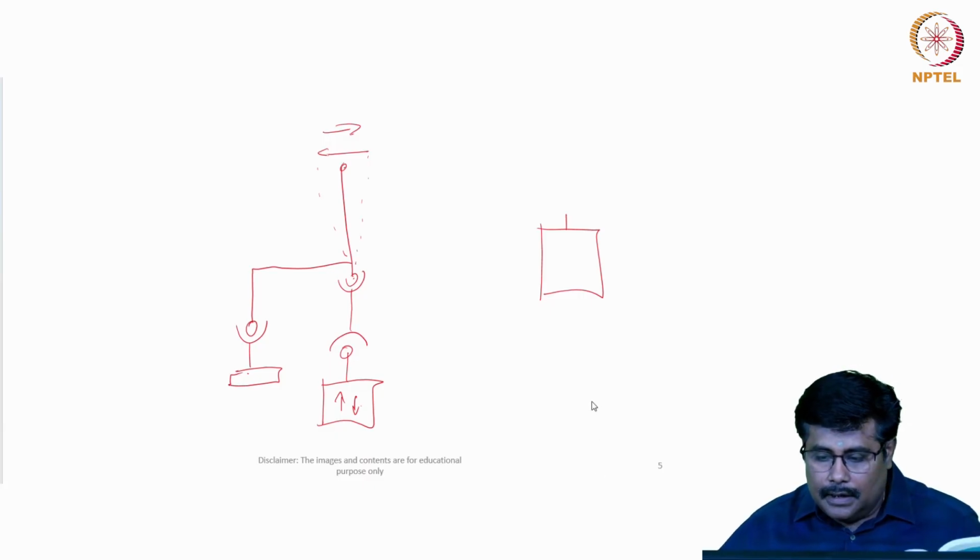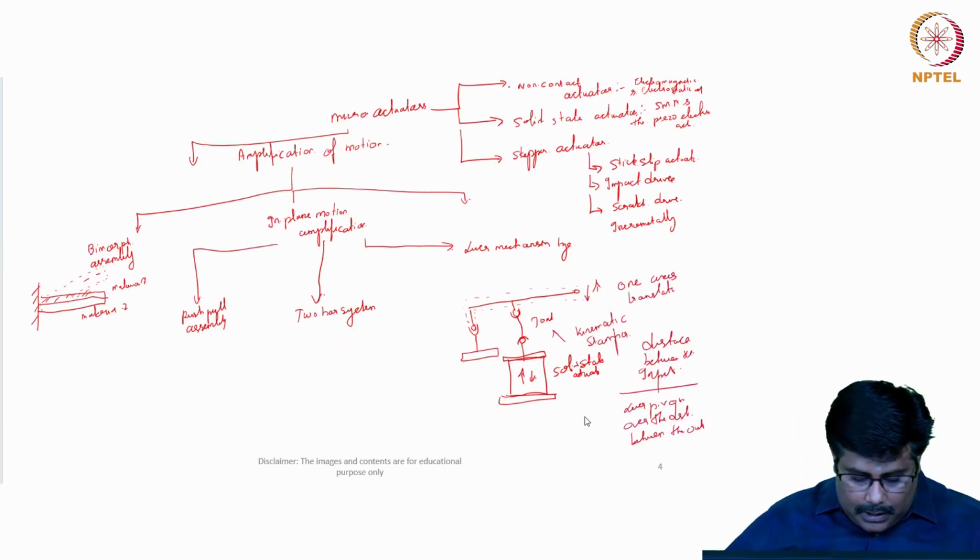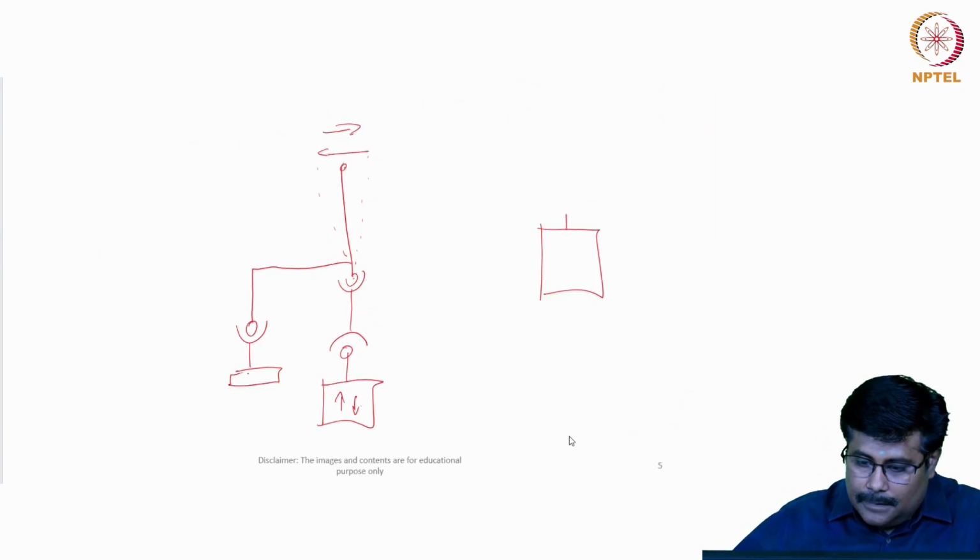Now let us see the next category, which is called a two-bar system.